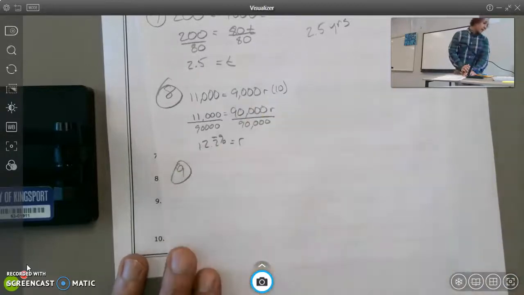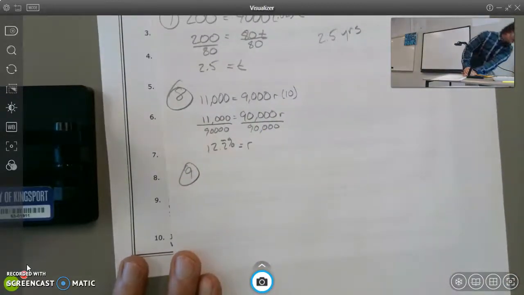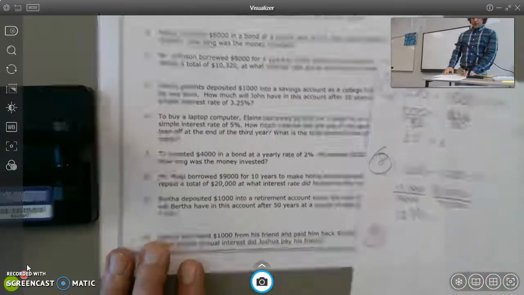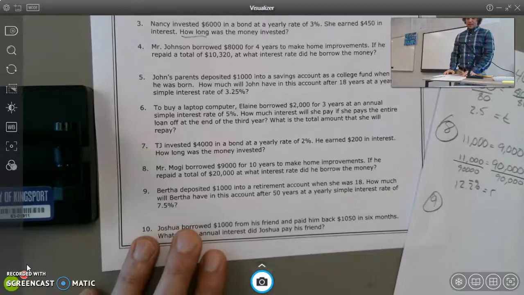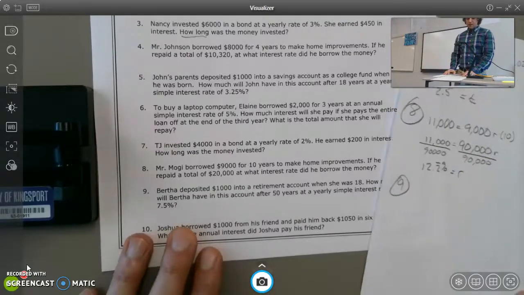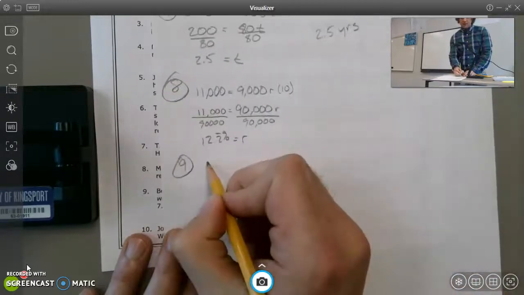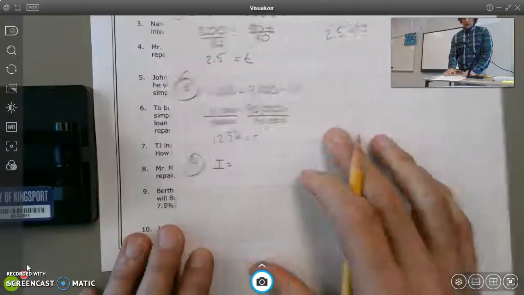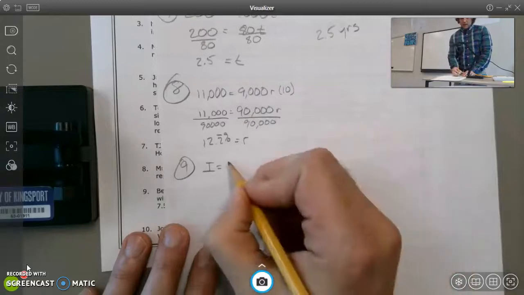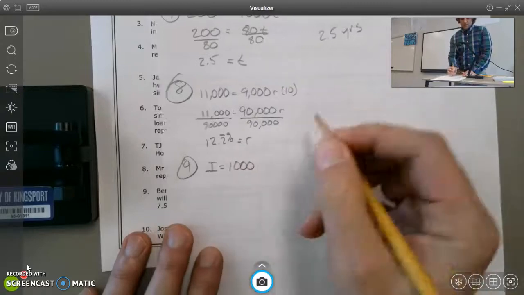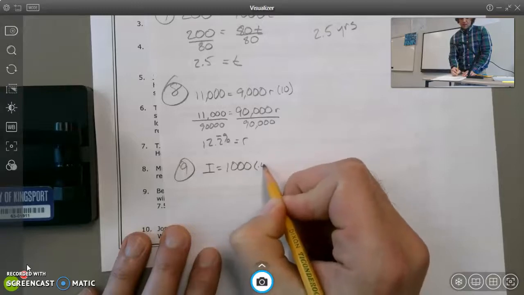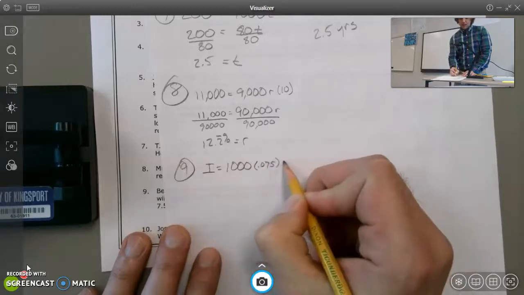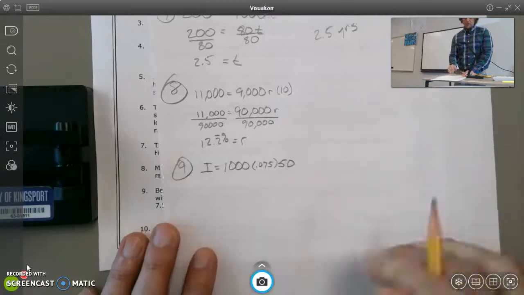On to question 9. Are we on time? Oh, we're going to fit it in. Okay, Bertha deposited $1,000 into a retirement account when she was 18. How much money will Bertha have after 50 years, 7.5% interest? So, $1,000, 7.5%, 50 years.